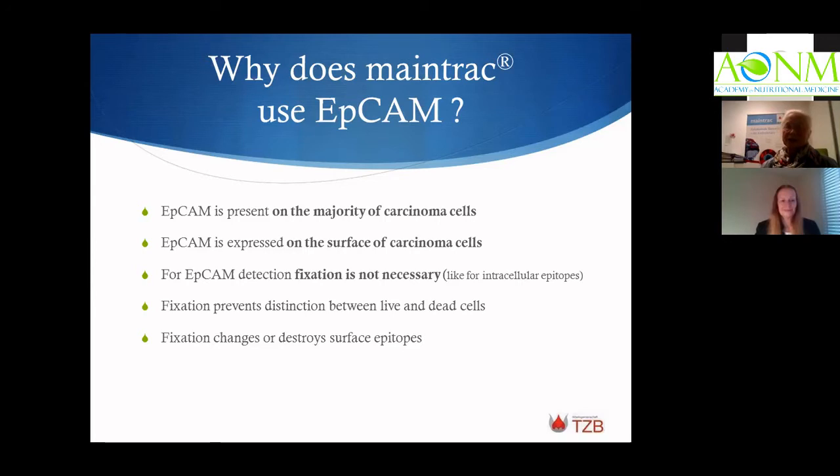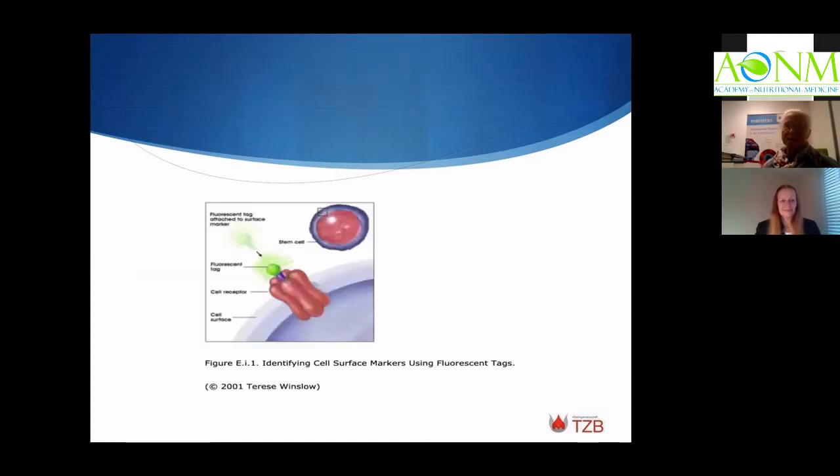So for detection, there is no fixation necessary, which would be necessary for intracellular epitopes. This fixation would prevent distinction between live and dead cells, and it can change and destroy surface epitopes. So that's why we are looking directly for the EpCAM on the circulating cells.